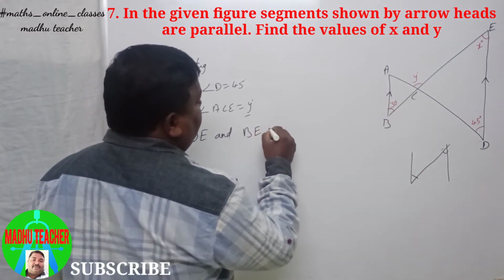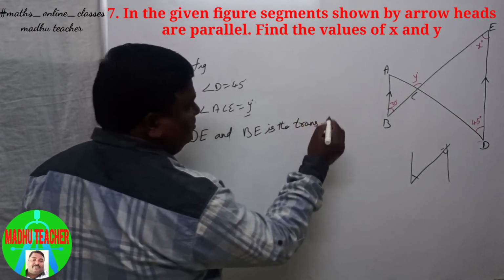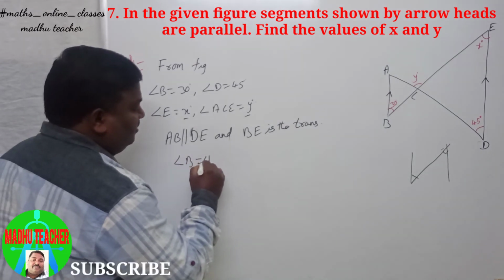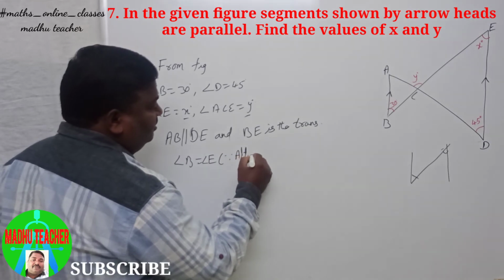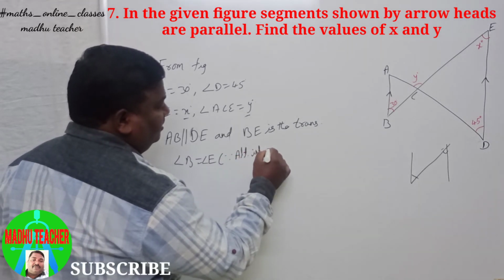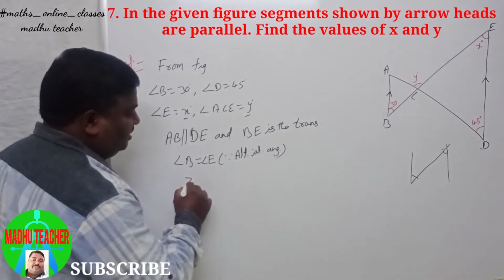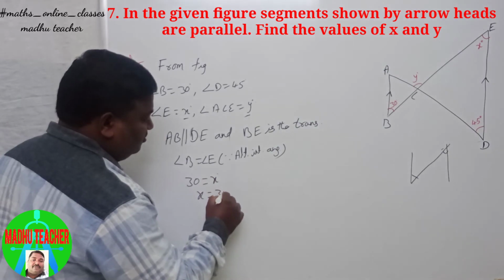Therefore angle B equals angle E, since alternate interior angles. B is 30 and E is x. Therefore x equals 30 degrees.